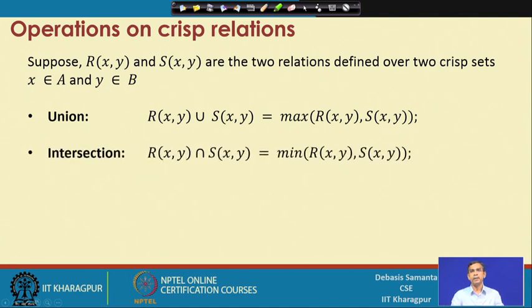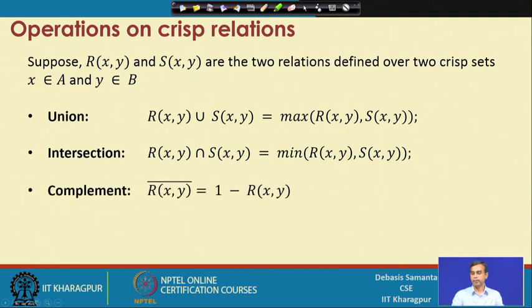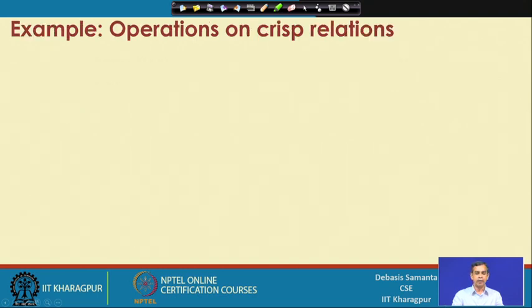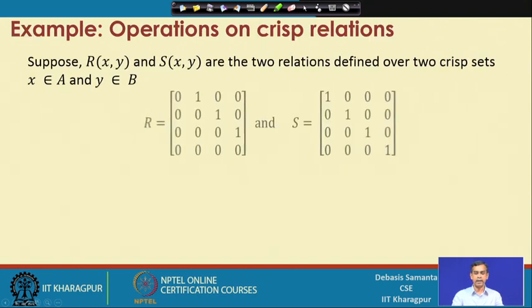Likewise, the intersection operation is basically the minimum values of the entries, and the complement is 1 minus the entries in each element. Now, one example can be considered here.